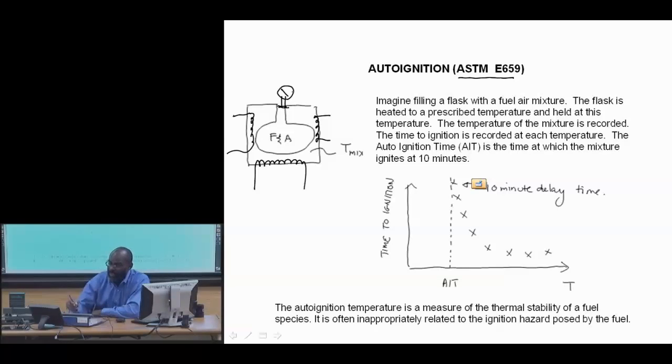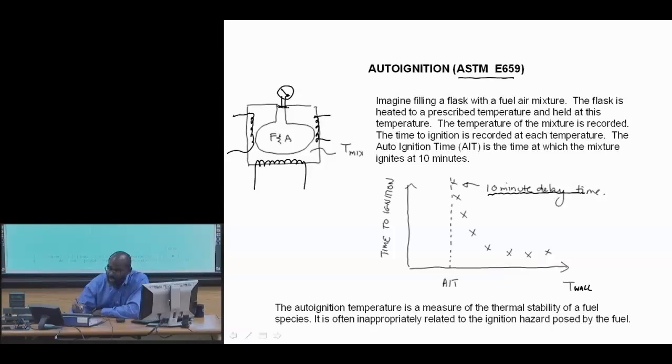And so if one were to plot the time to ignition as a function of, as an example, this wall temperature, this control temperature, you would see that at very high wall temperatures, it ignites readily, and as you decrease the temperature, it takes a longer and longer time to ignite. And so when a 10-minute time delay is proposed or looked at, that's the asymptotic value, so we're getting longer and longer.